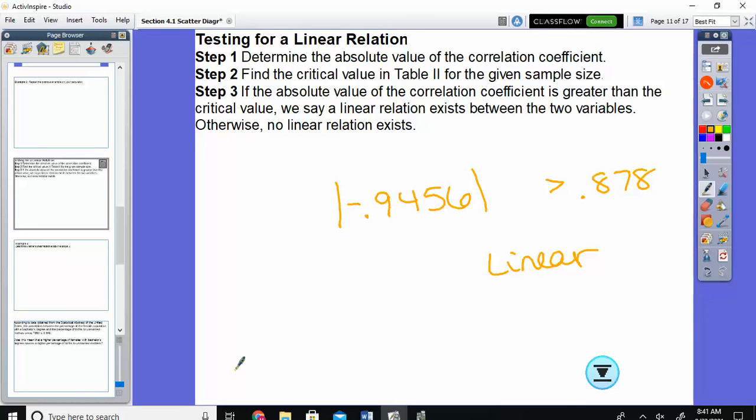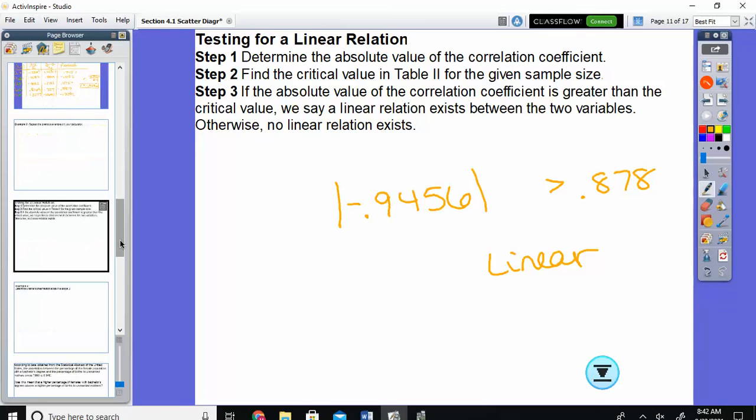Does everybody find that table? Where are these numbers coming from? The critical value numbers depend on how many points we had. So you'll notice as your number of points goes up, your critical value gets smaller and smaller.